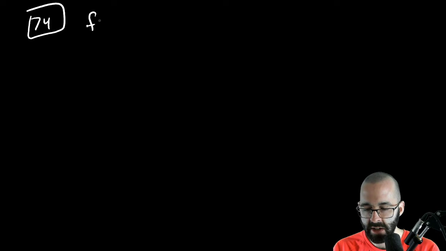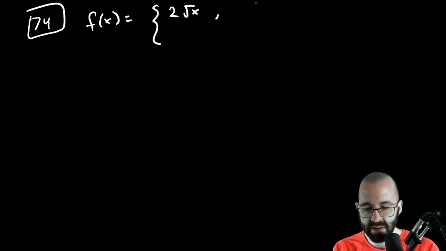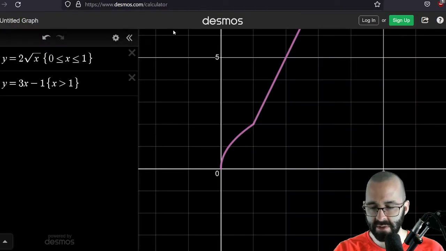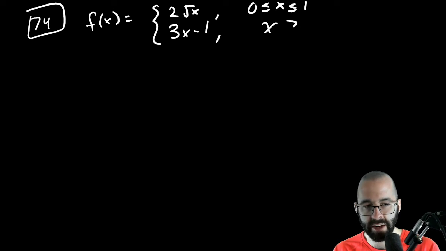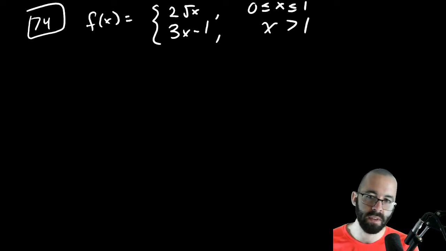So this function is the piecewise function, 2 times the square root of x, when x is between 0 and 1. And was it 3x plus 1? 3x minus 1, for x being bigger than 1.